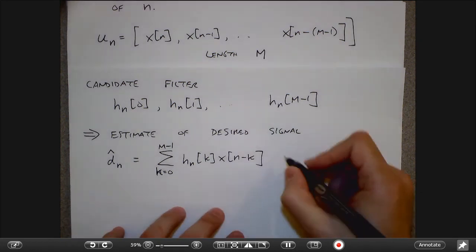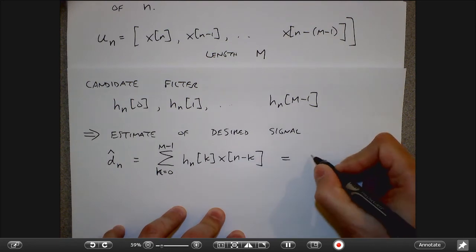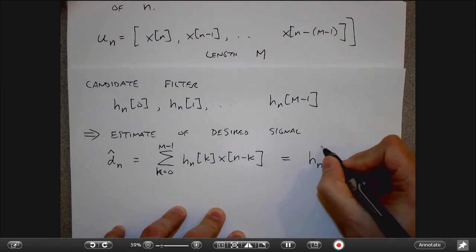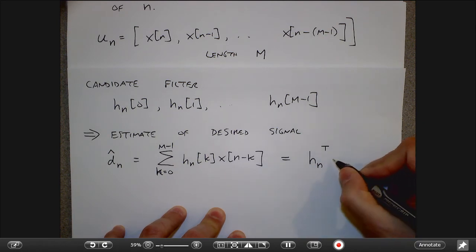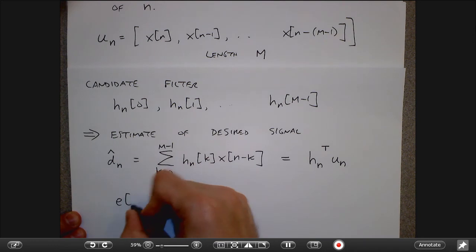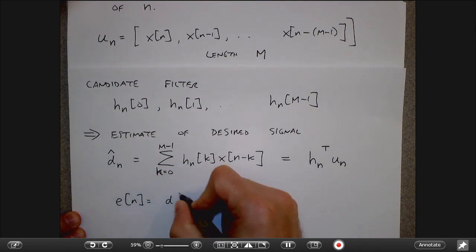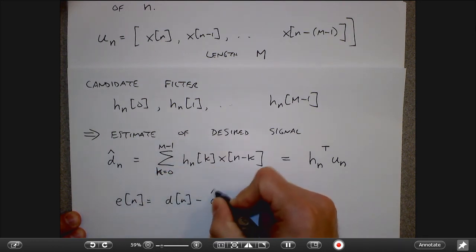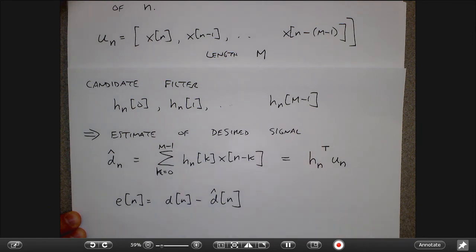And a very compact way to write this is basically saying I take the filter coefficients and I dot product them with this vector u, right? So that's like I take the pairwise multiplications and I add them up. That's really the same thing as filtering the signal. Okay. And then my error is the desired signal minus my estimated signal.